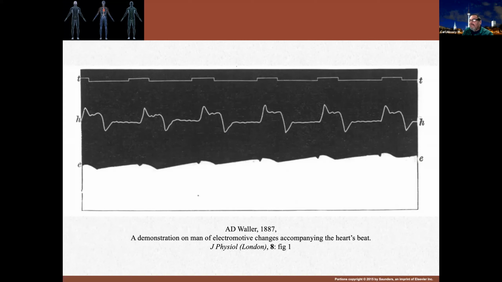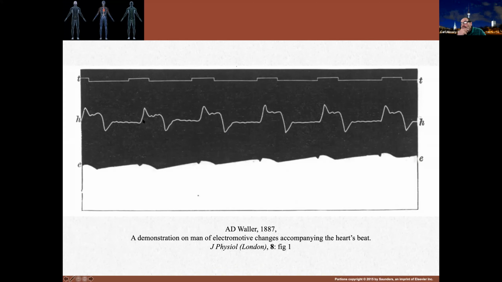And this is a very early tracing of what purports to be an electrocardiogram. It was presented, as you can see, in the Journal of Physiology in 1887. And you can see this recording here, where you see this tracing.